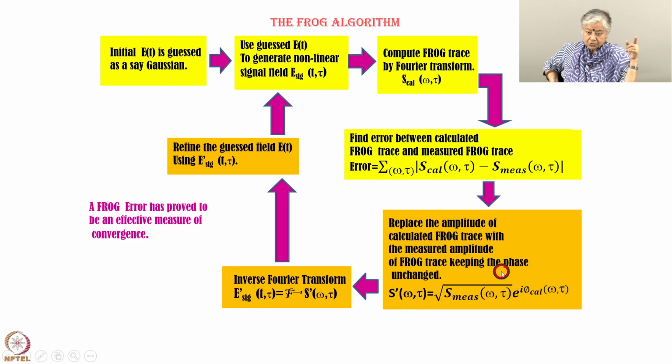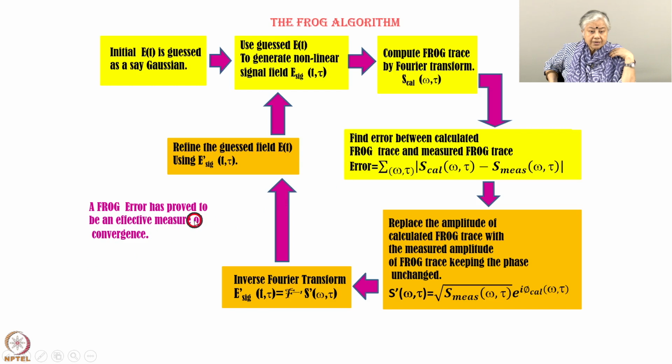I go through this process once again and take the inverse Fourier transform, and I come to a new E dash signal t tau, and I keep on putting in this loop and it goes on in that loop until my error is a small value or to my satisfaction.